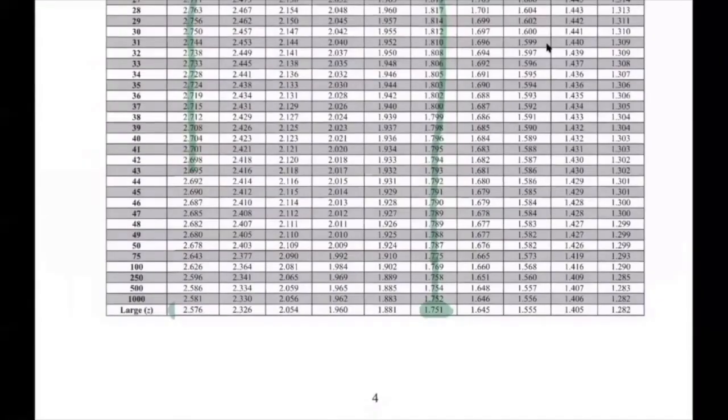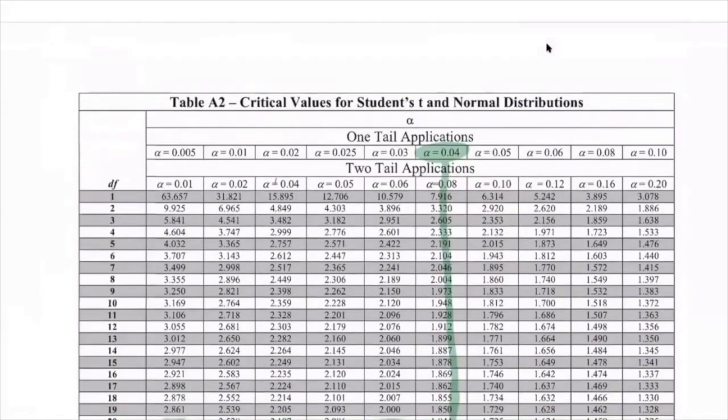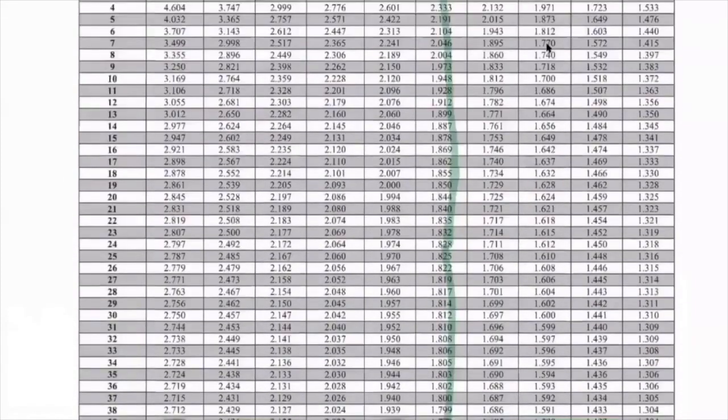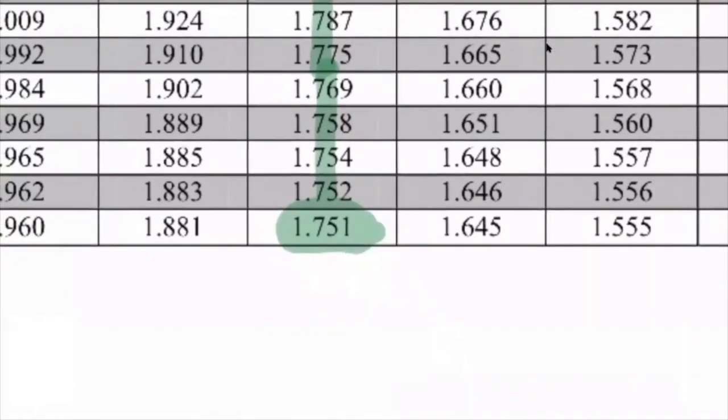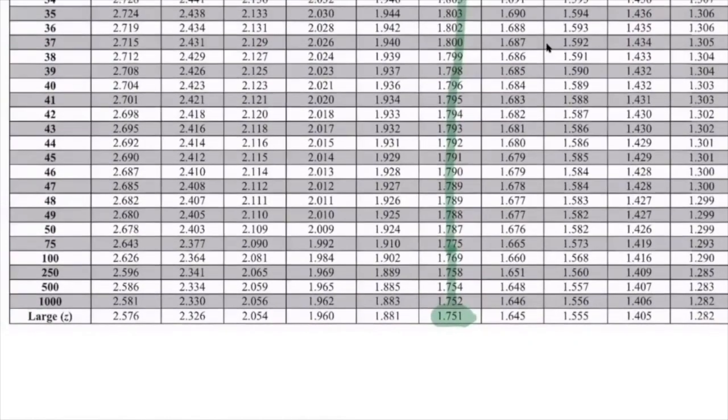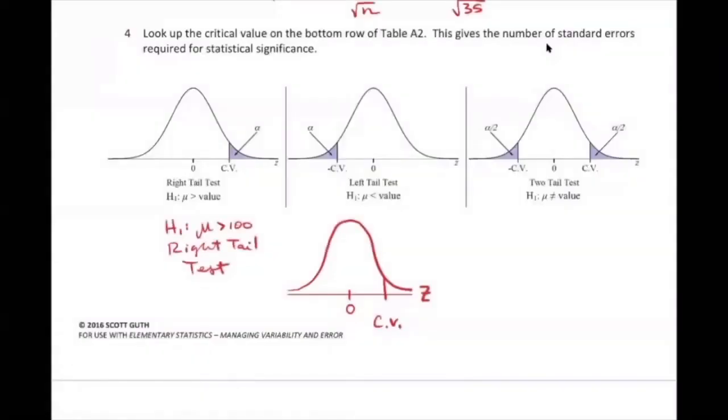And again, that was a 4% alpha and one tail. I'll draw a little picture of that.